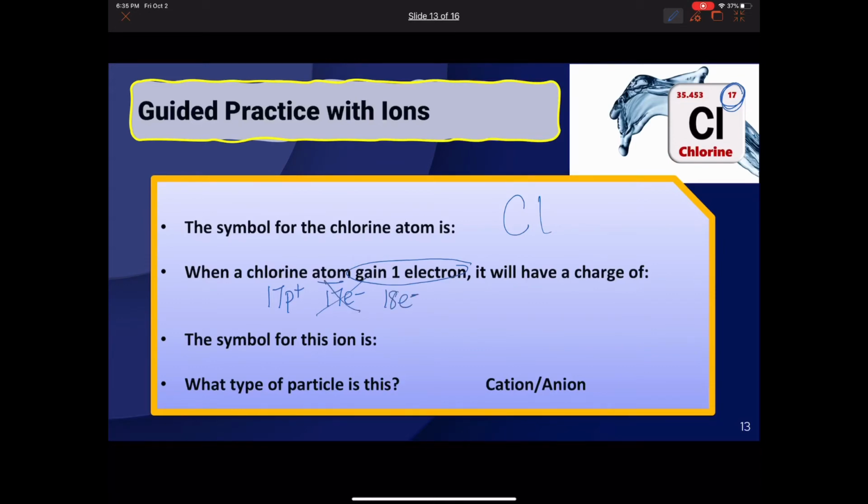So if you do the math, positive 17 minus 18, that'll give you a -1 charge. The symbol for the chlorine ion then will be Cl1-. You can also write this ion as Cl-.